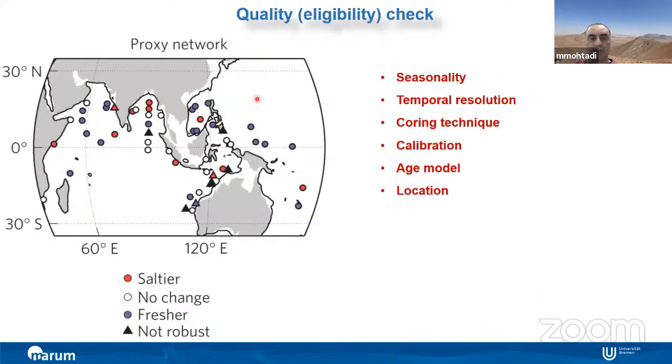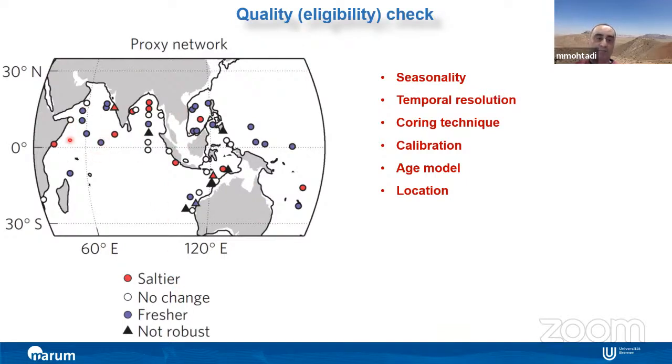And last but not least, for those model data compilation studies, and I'm not referring to which study this figure is from, not blackmailing anyone, the issue is a careful checking of the quality and eligibility of the data. Many of these are the proxy data that have been used in this study, for instance, to infer whether the last glacial maximum was saltier or fresher than today.